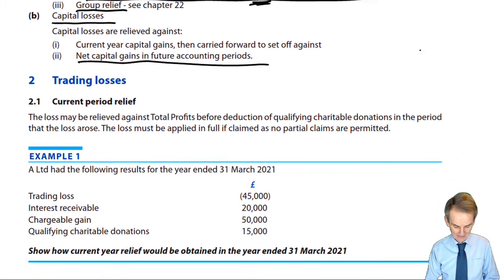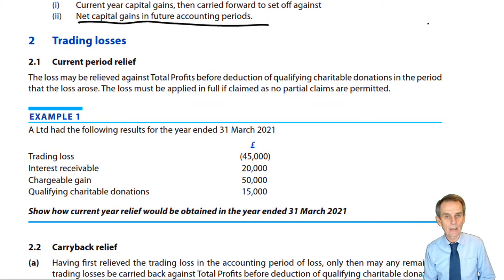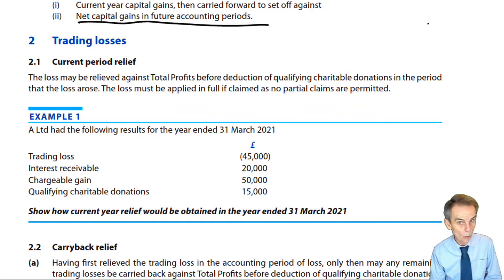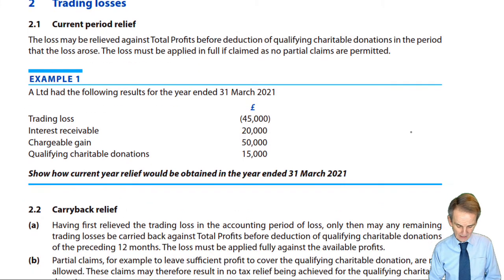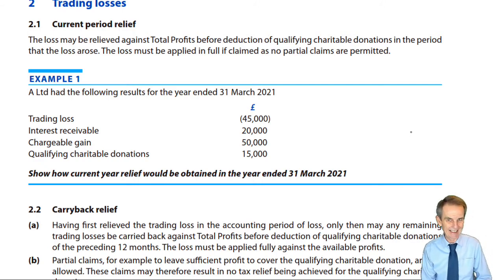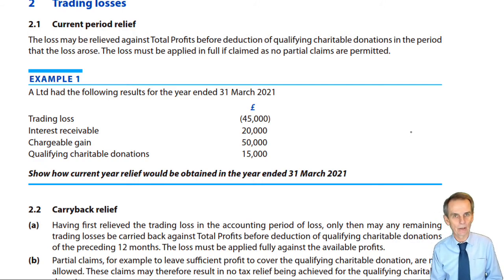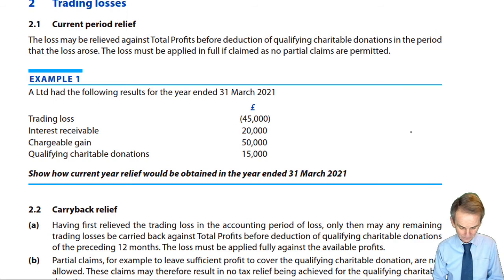Okay. But we've been discussing, and now we'll continue with for the rest of this chapter, the use of those trading losses. And we'll look at a couple of basic examples on the use of these losses in the current period and in carry-back mode to finish off this particular lecture and save the rest of it until the second lecture.